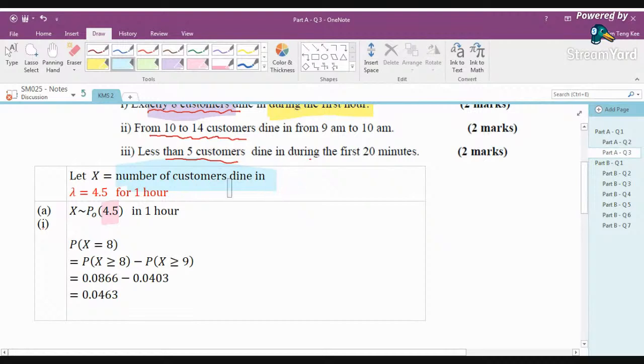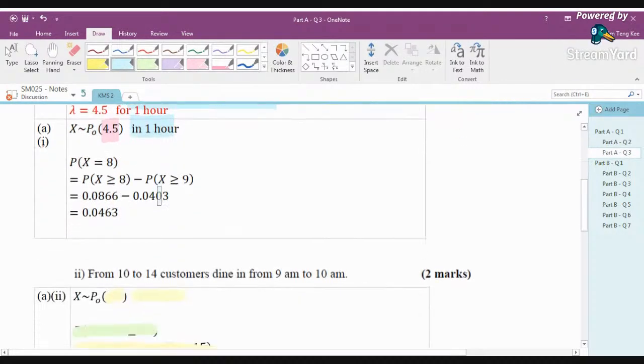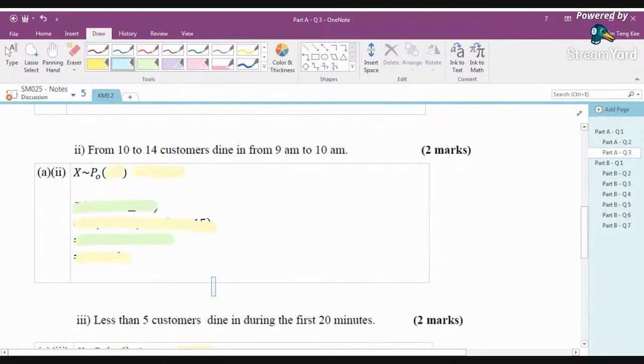I don't state the time period in my definition of X, because I will state the time frame or the space inside my distribution later, like what I have here in 1 hour and later in a particular time. Okay, go on. For part 2, from 10 to 14 customers, this probability refers to the probability of 10 less than or equal to X less than or equal to 14.